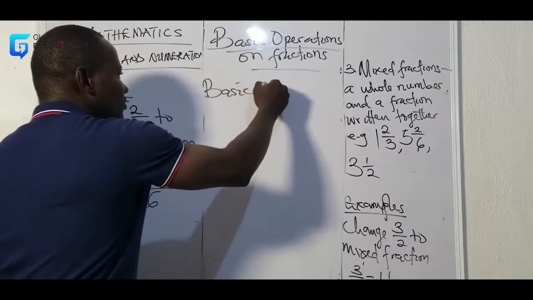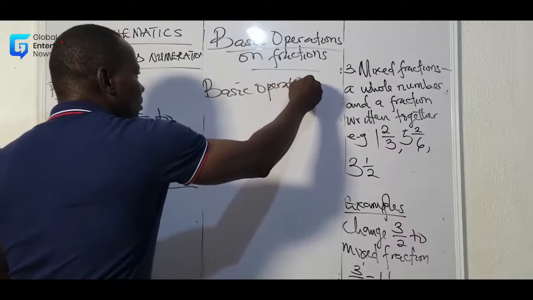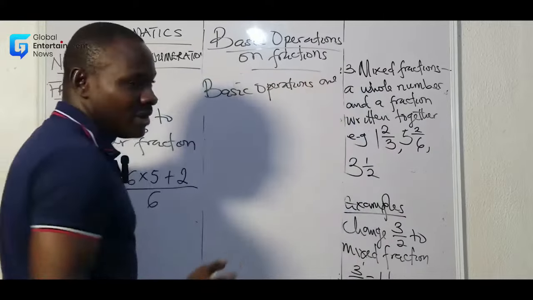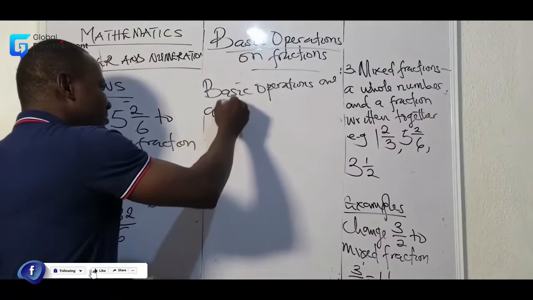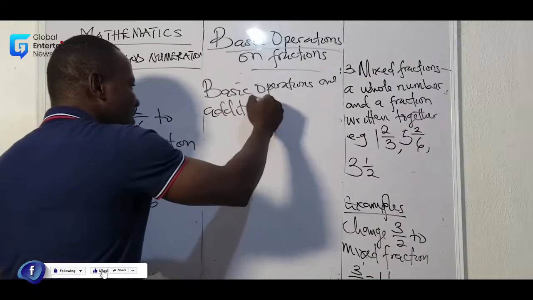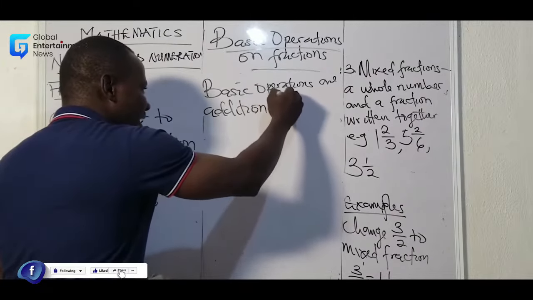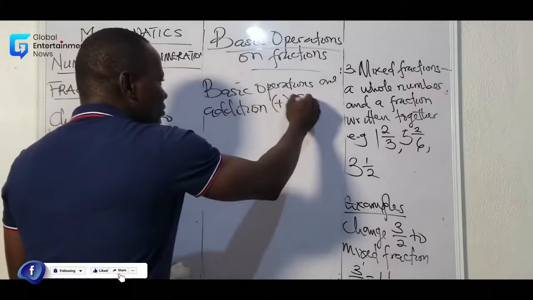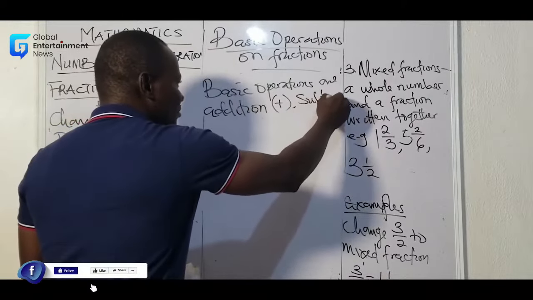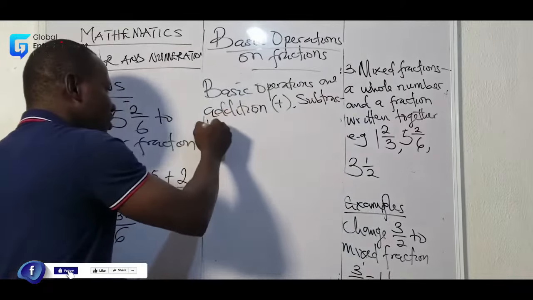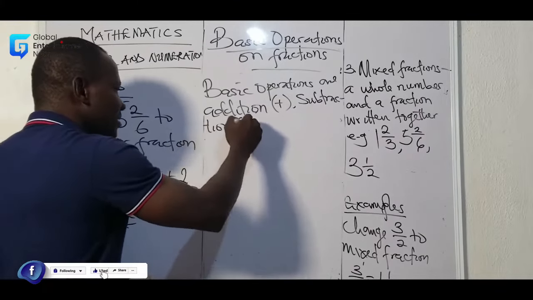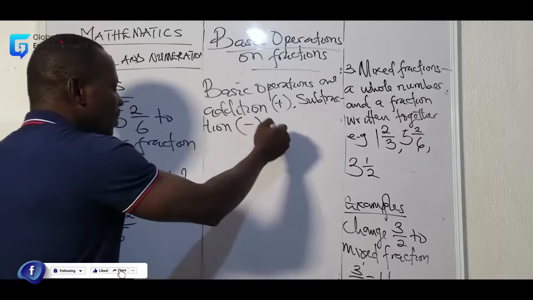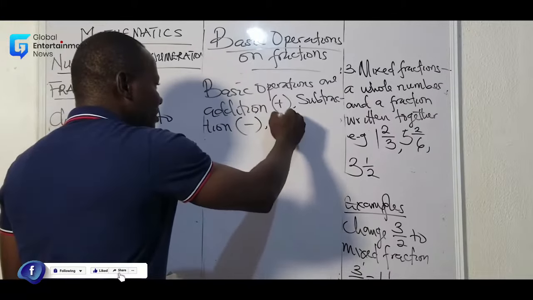Now, what are the basic operations? You remember the basic operations. We have addition; the sign is the cross sign, like this. Subtraction, that is like a hyphen.